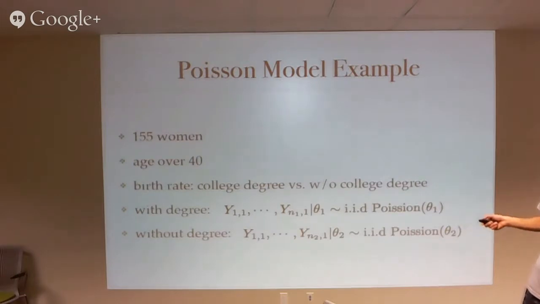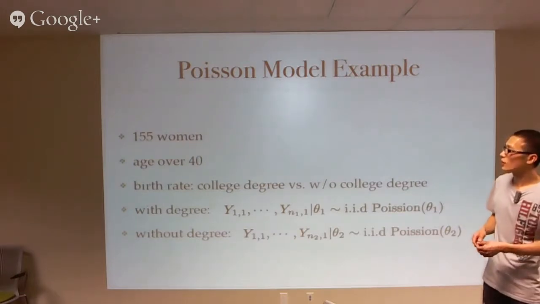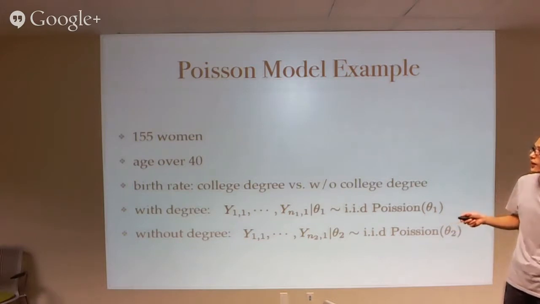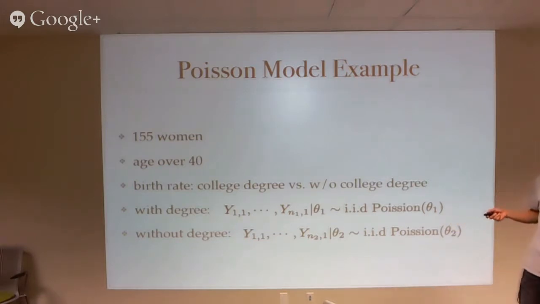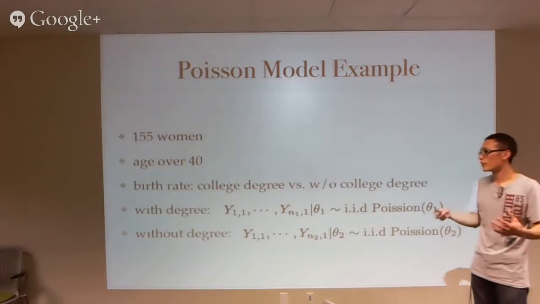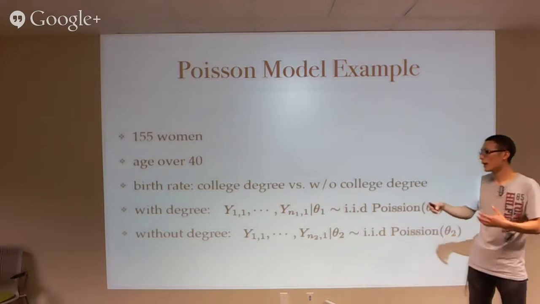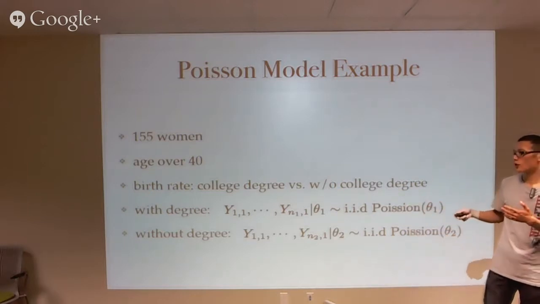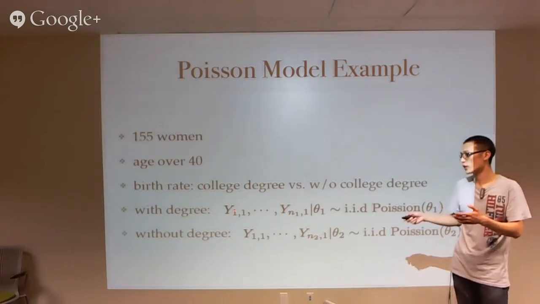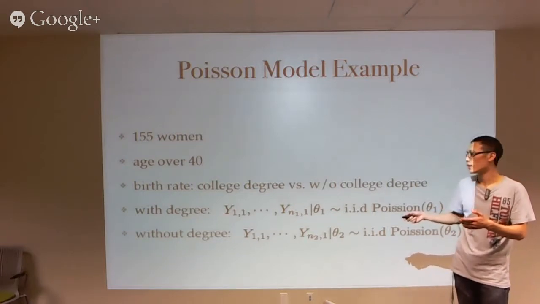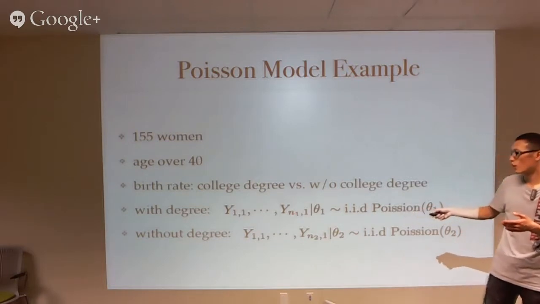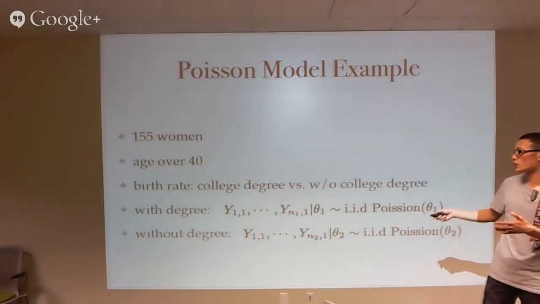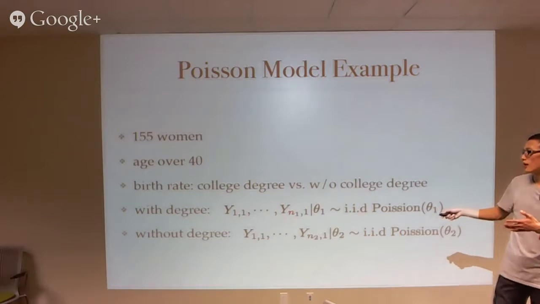And this is an example for the Poisson model. We have 155 women over age 40. We're going to compare the birth rate between those who have a college degree and those who don't. For those who have a degree, we use y11 to yn1,1. That means we have n1 women with a college degree.